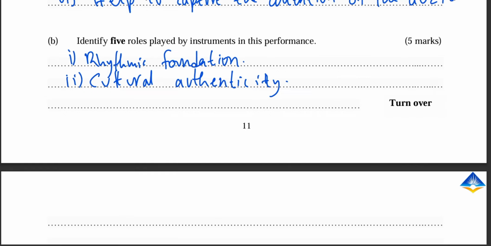For example, a Sekuti drum will be used in the Sekuti dances. So that one will help in identifying the specific culture of which that folk song is from. So cultural authenticity is brought about by the instrument.